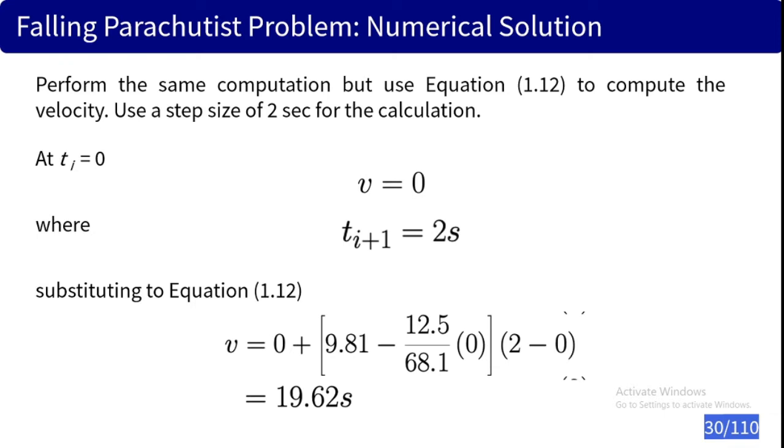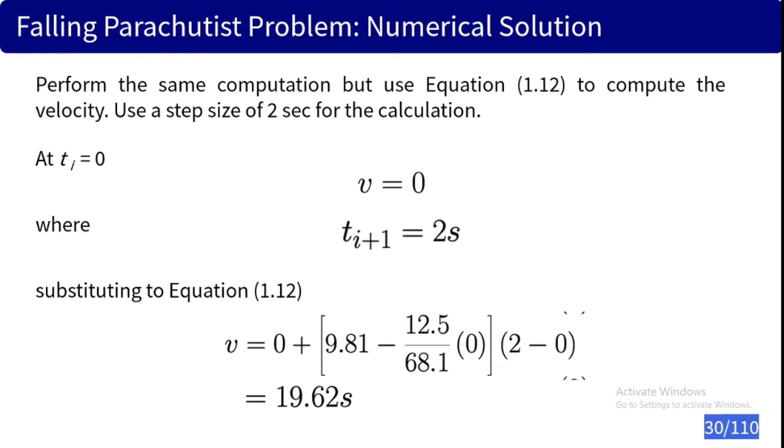Perform the same computation using equation 1.12 to compute the velocity. Use a step size of 2 seconds for the calculation. So in this problem, it is the same problem, but this time we solve it numerically.